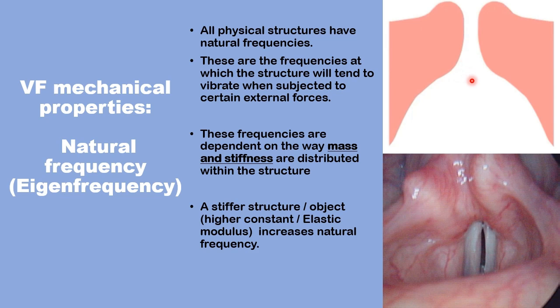These natural vibrating frequencies depend on the vibrating mass of the structure and the stiffness of the structure, and how the mass and the stiffness are distributed along the geometry of the vibrating object. Generally speaking, a stiffer structure, that is higher elastic modulus, would tend to increase the natural vibrating frequency of that structure.